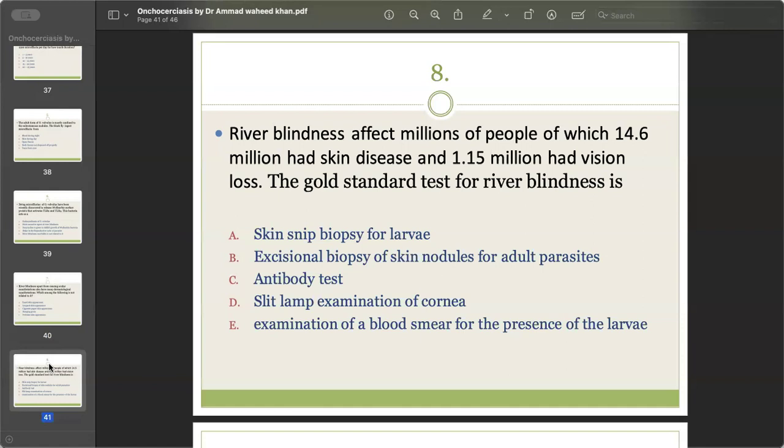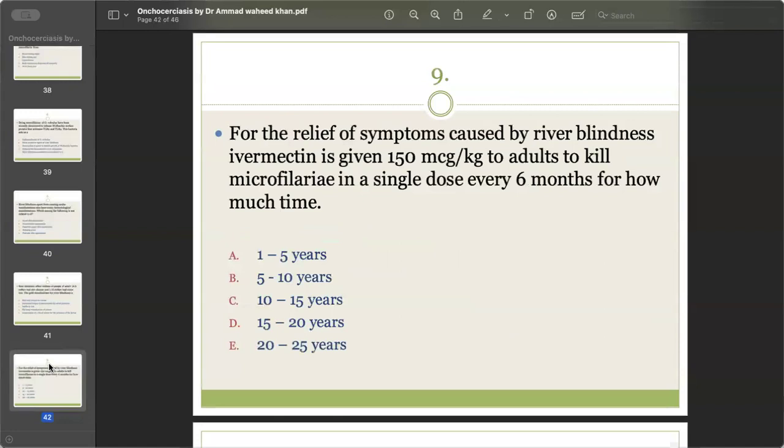Option A is the right answer. Skin snip biopsy is the gold standard for onchocerciasis diagnosis.